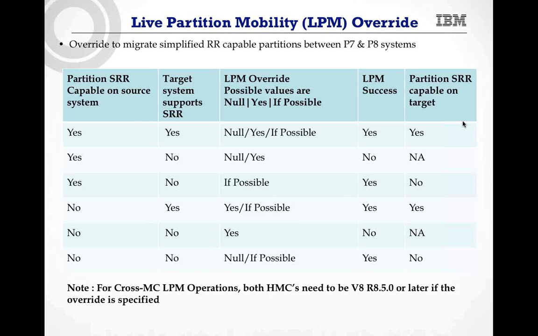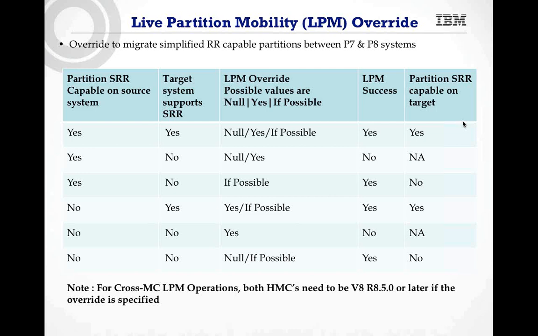But let's look at one where it doesn't quite make sense. Let's go down to the third row. Let's say that you are on a P8 that's SRR capable, and you want to move it to a P8 that's not SRR capable, maybe an 810, or you went back to a P7, and in the second column you set it to if possible. You'll be able to LPM it if you set this to if possible, because it says set SRR if possible, but if it's not possible, go ahead and do the LPM and just don't set it.